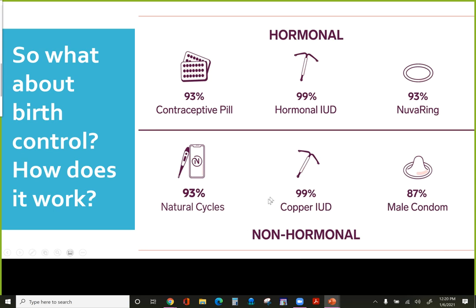There's a copper IUD, which decreases the uterine lining. It doesn't affect ovulation, but it decreases the uterine lining, so there's less area for the egg to implant. So you're still ovulating, you're still having that natural cycle of hormones, but implantation is typically unsuccessful. And then there's male condom, which is just a barrier method, right? That prevents sperm from getting in.